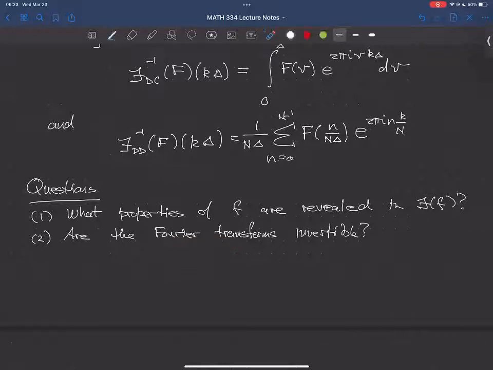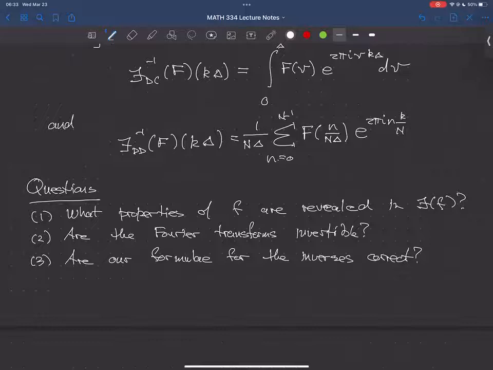And then if you've shown that, are our formulae for the inverses correct? We're going to see that the answer is no, in general, and there are substantial reasons for that.